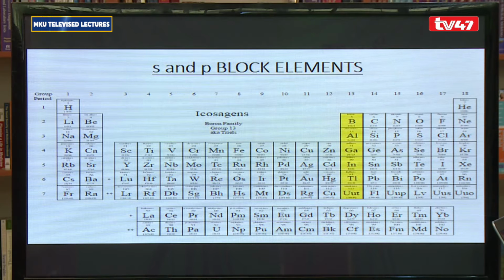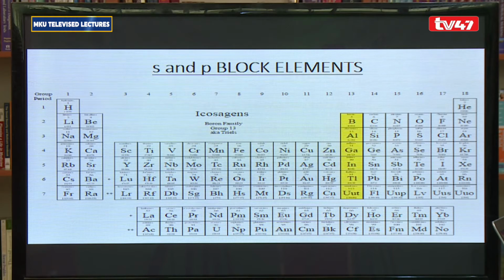If the last electron falls into the P orbital, then that element will belong to the P block category. If the last electron is positioned in the D orbital, then that element will be in the D category. And if the last electron is in the S orbital, then that element belongs to the S block elements. Now, the S and the P block elements are also called the main group elements.